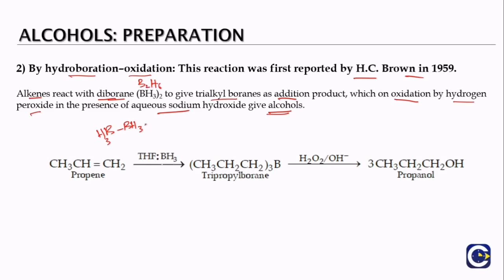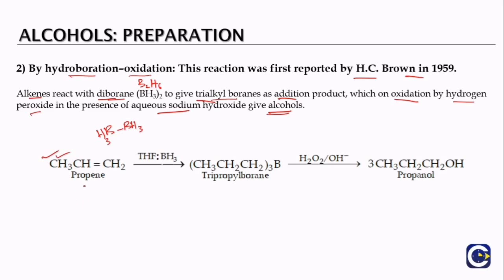In this reaction we use diborane to first yield the trialkyl boranes, that is, three alkyl groups attached to the boron atom, and this hydroboration product then undergoes oxidation and we get our desired alcohol. So this is a general reaction.